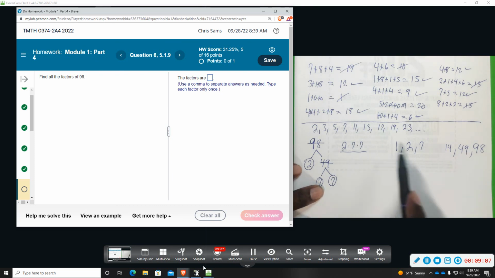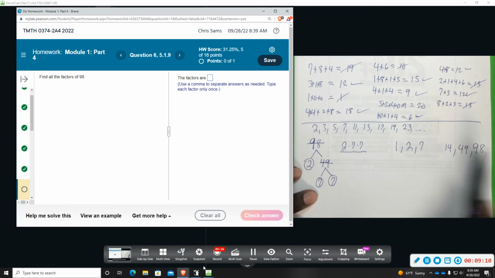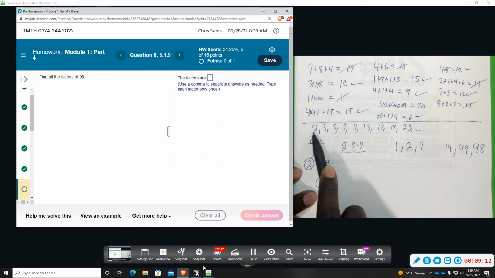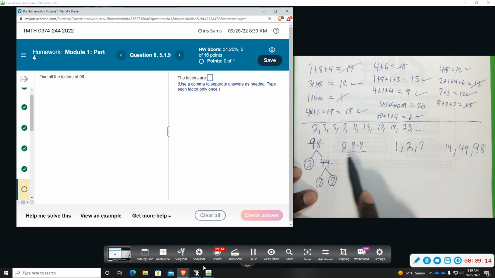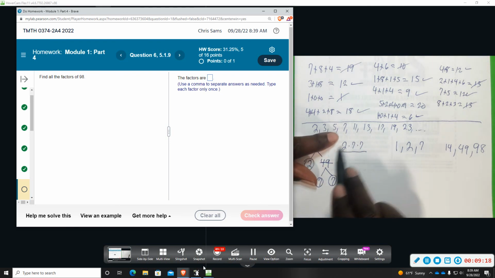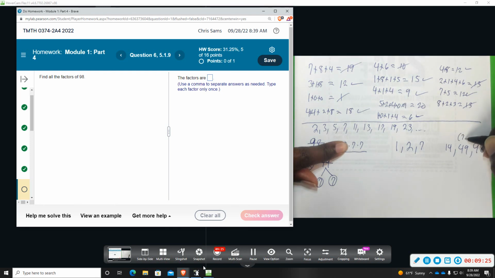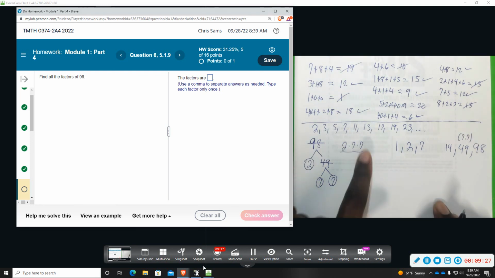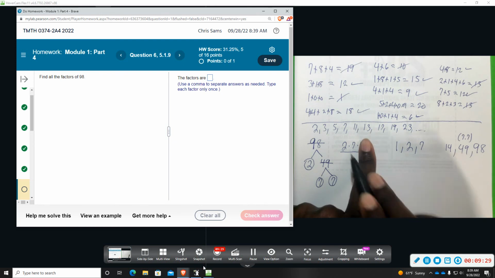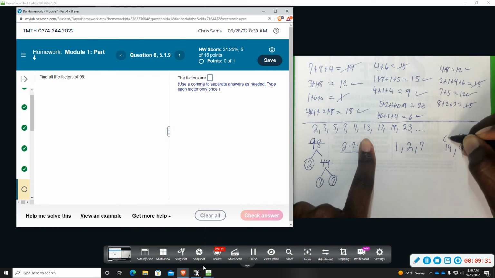What I did was write down 1 times itself, and then I started using my prime numbers, trying to find out every number I can make, counting from 2, 3, 4, 5, 6, and so on. And I use all combinations of these numbers. So once I used 2, the other numbers made up 7 times 7. And then once I used 7, the other numbers made up the remaining, which was 2 times 7.